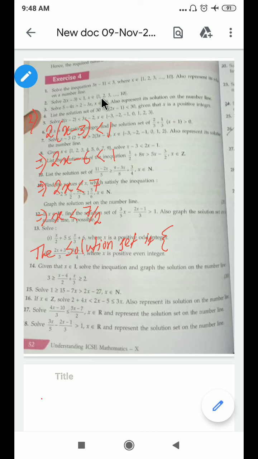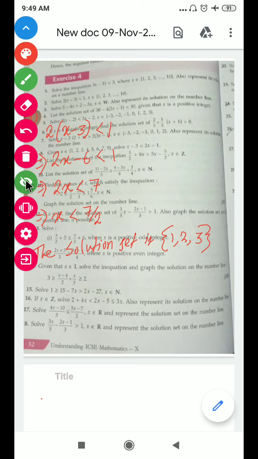So the solution set will be 1, 2 and 3 only. 4 we can't take because here x is less than 3.5. So which numbers belong? This 1, 2 and 3 only. Okay, so this is our answer.